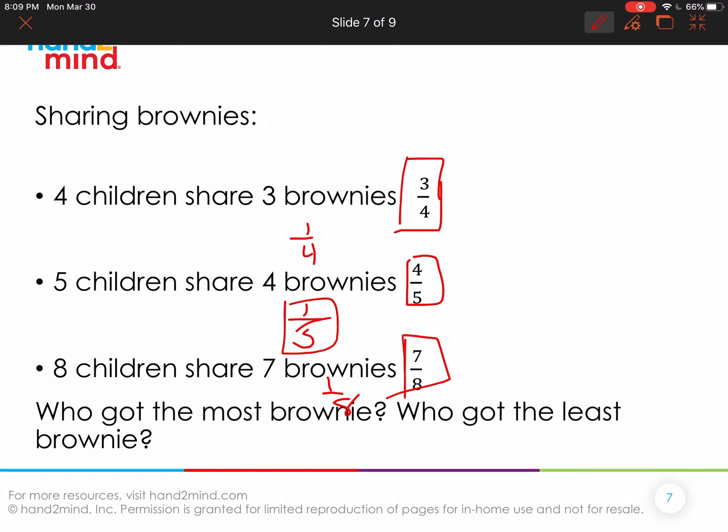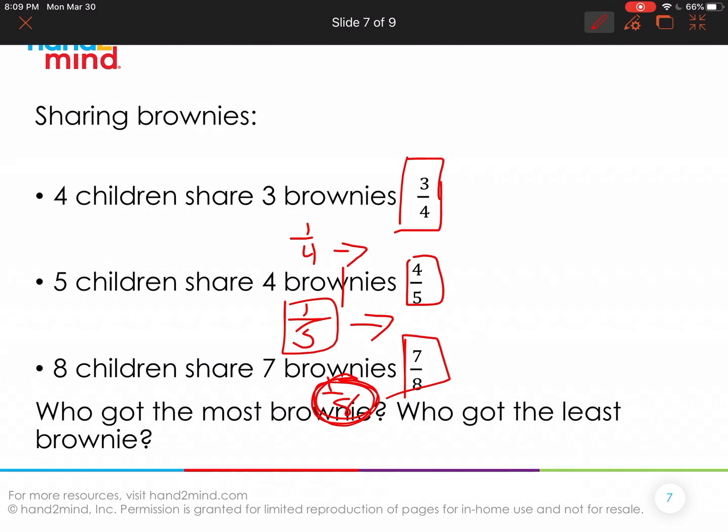So if I'm thinking about 1 whole, then I know that 1/8 is going to be really close. It's just a little piece, almost to 1 whole. Then 1/5 is a little bit smaller piece than 1/4, so it's going to be a little bit closer, but it's not going to be as close as 1/8. And 1/4 is going to be the furthest away.